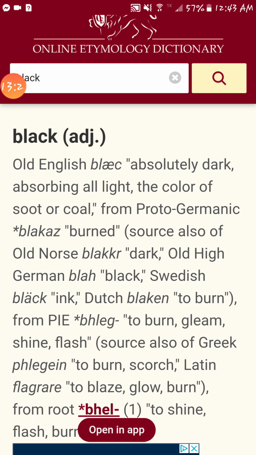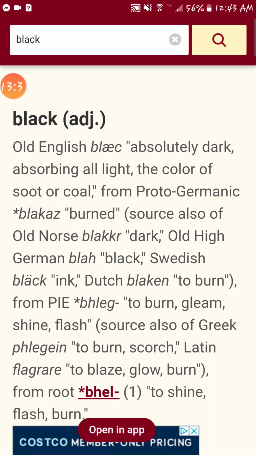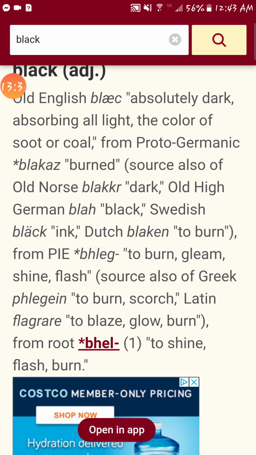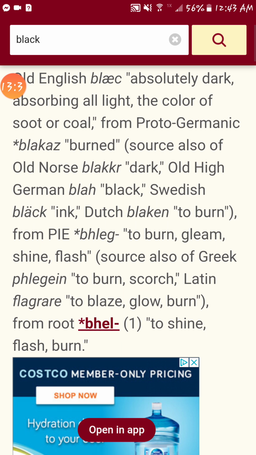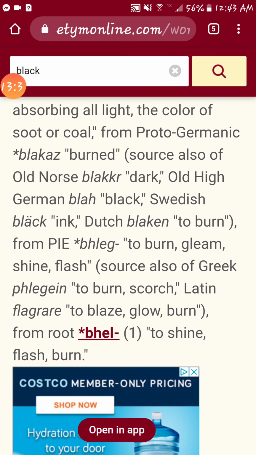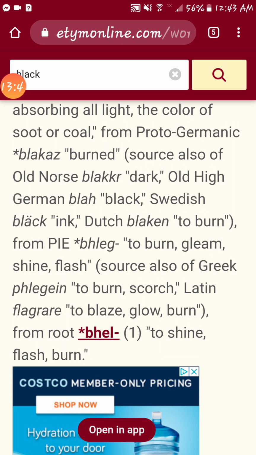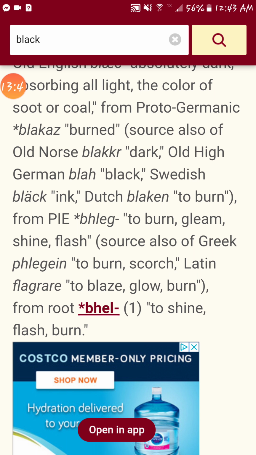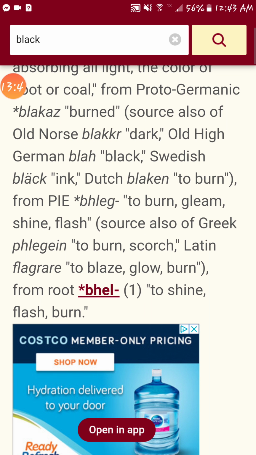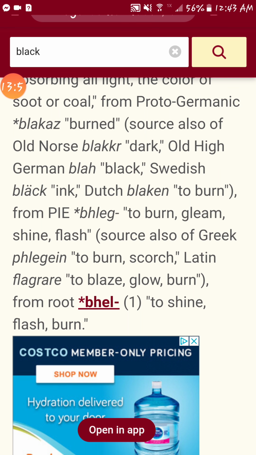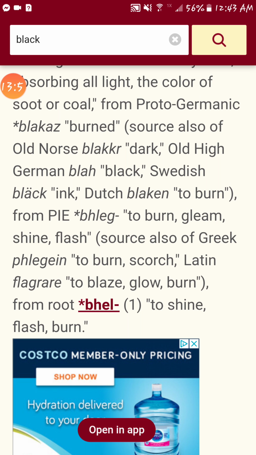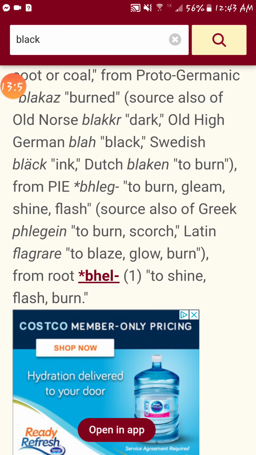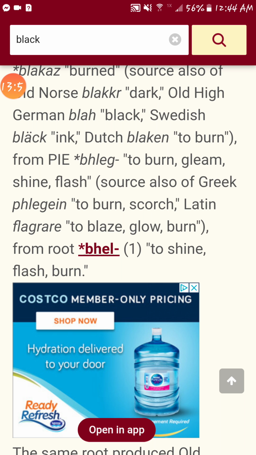It's from Old English blaec, absolutely dark, absorbing all light, the color of soot or coal. It's from Proto-Germanic blakaz, burned. Source also of Old Norse blakkr, dark, Old High German blah, black, Swedish bläck, ink, Dutch blaken, to burn.